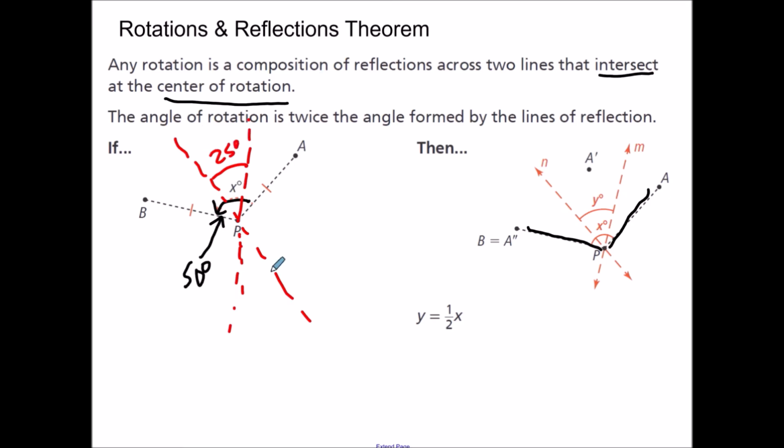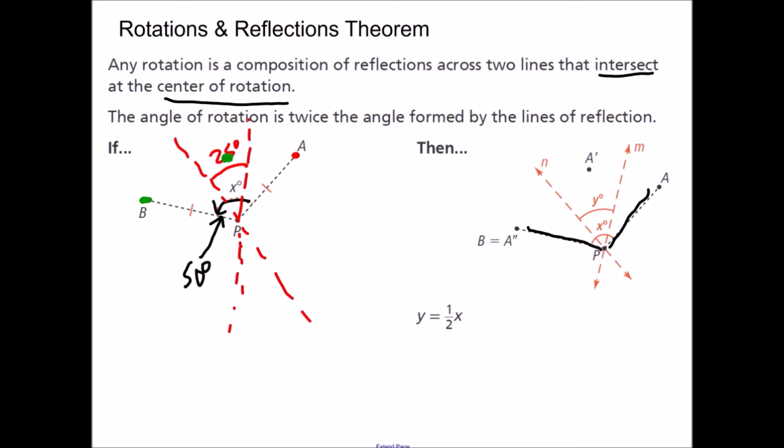Now, if they are 25 degrees apart and they cut through point P, then that means I can take any point, for example point A, and I can reflect it across this first line, and then I can reflect it across the second line, and then I will get point B. So basically, it's very specific.